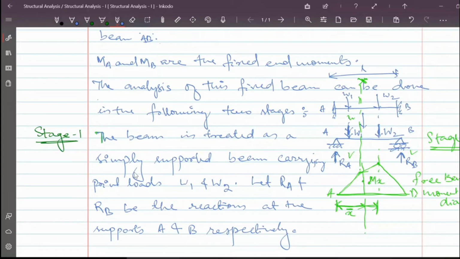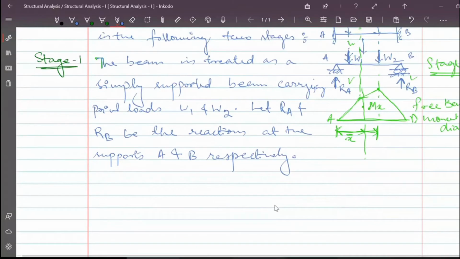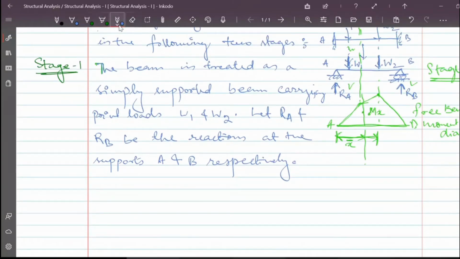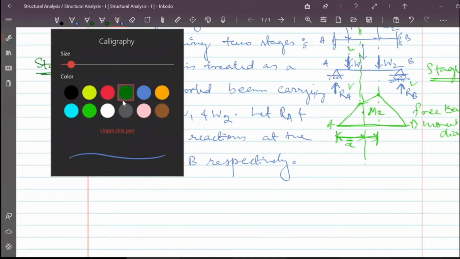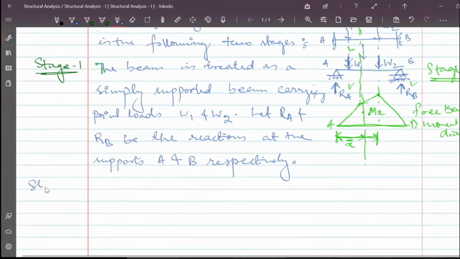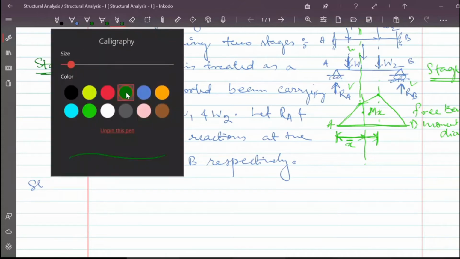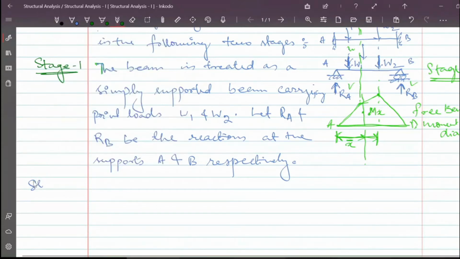Okay, now this is stage 1 and the next stage is stage 2. Now what is stage 2? Okay, so the stage 2 is again similar. It is a simply supported beam again.